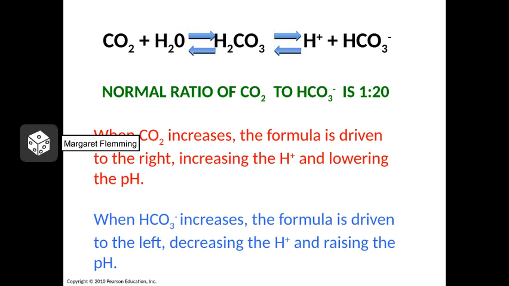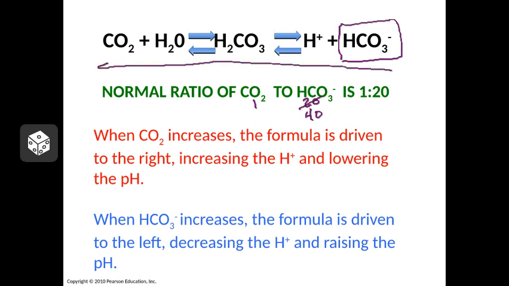Now, what happens if the bicarbonate increases? Remember, our normal is 20 ions of bicarbonate for each molecule of carbon dioxide. Well, if we increase this to 40 ions of bicarbonate, then the formula is driven to the left.